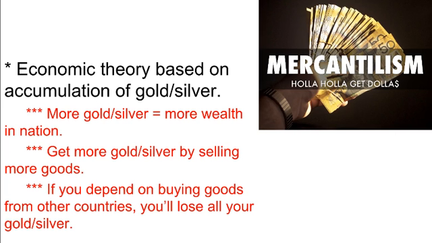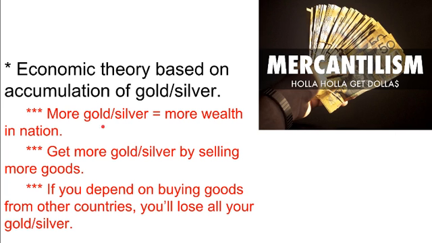And so the goal is that the countries, the governments, the states have to take on policies that will maximize the profit for the country, not necessarily for the individuals, but for the state. Another big part of it is that you don't want to buy stuff from other countries.